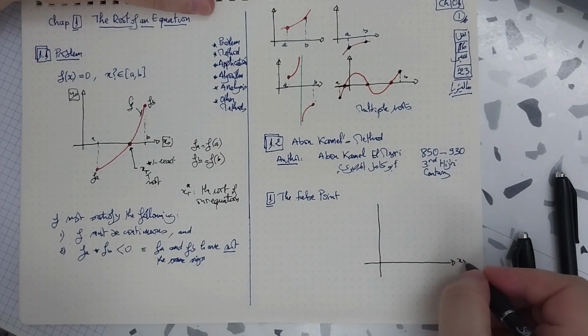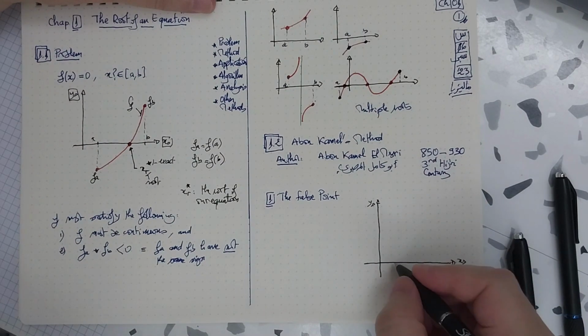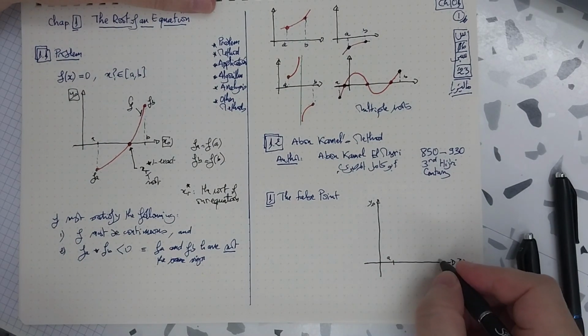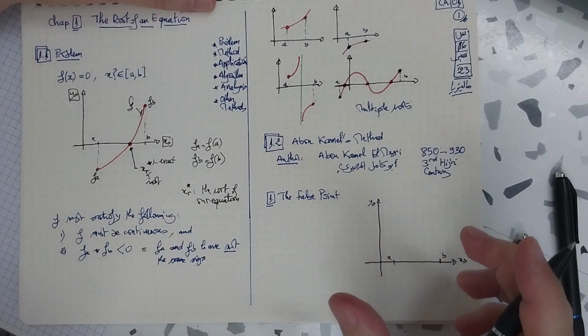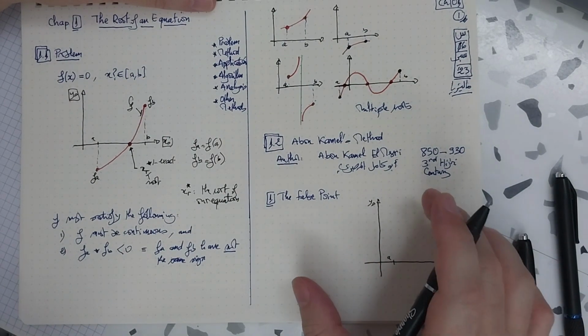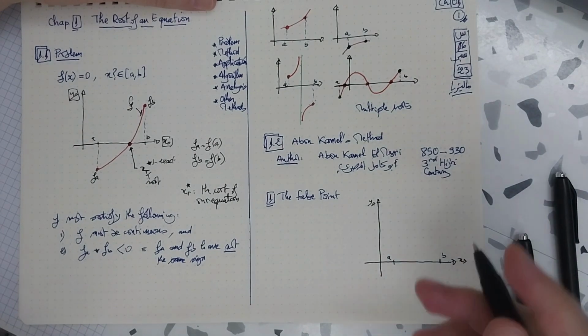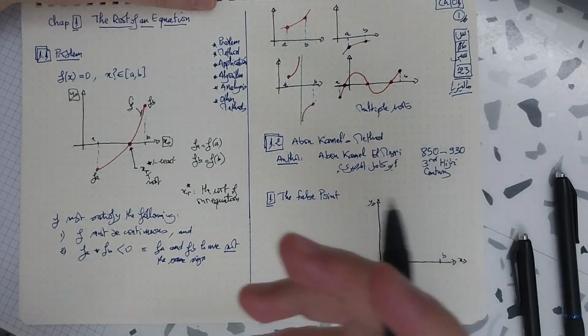This is the x-axis. This is the y-axis. This is A interval. This is B. We understand and analyze the method graphically. It's a graphical method. Its reasoning is based on geometry.